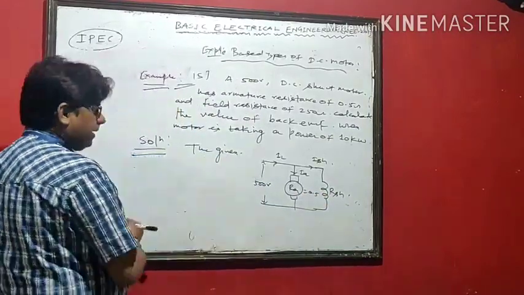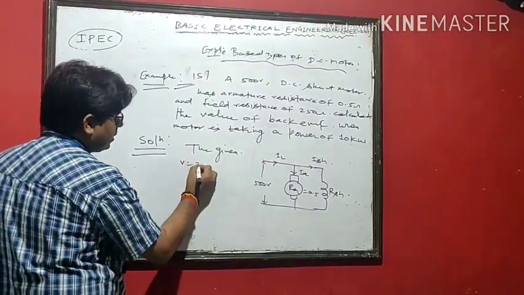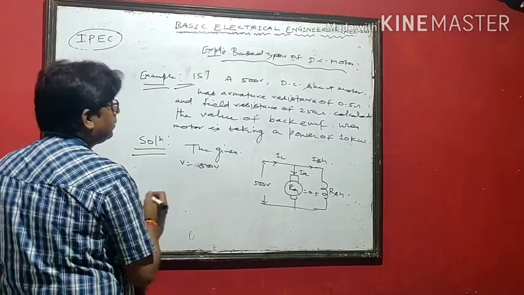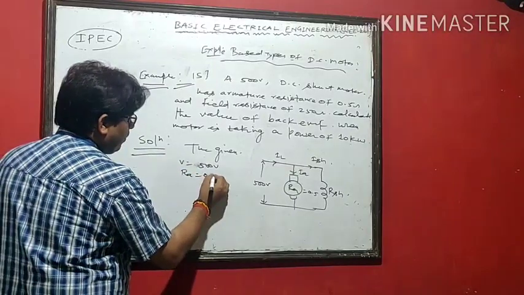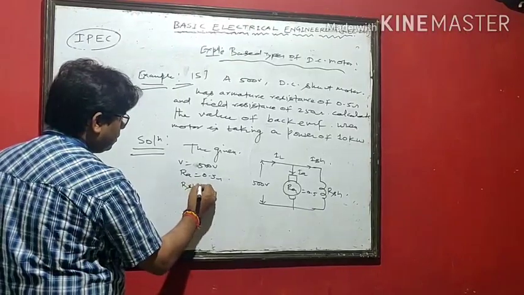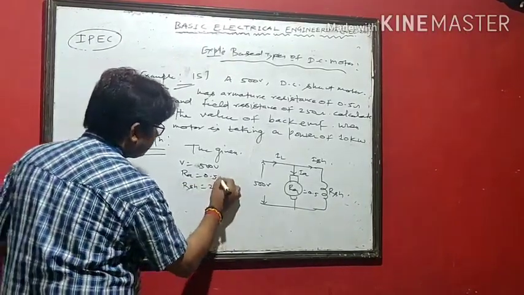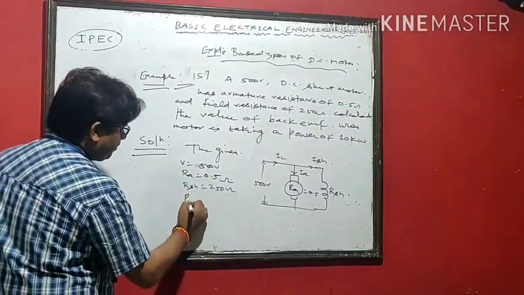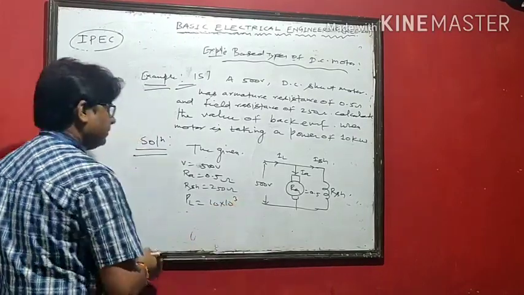Okay. So first find the value of IL. From this diagram, whatever is given, V is 500 volt, and RA equal to 0.5 ohms and RSH equal to 250 ohms and load power PL equal to 10 kilowatt, 10 into 10 raised to power 3.